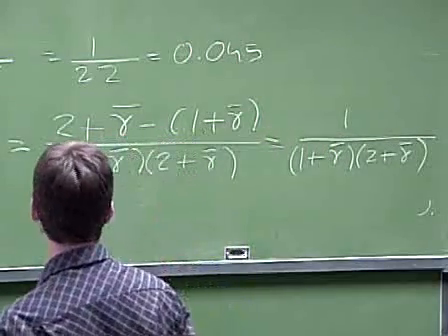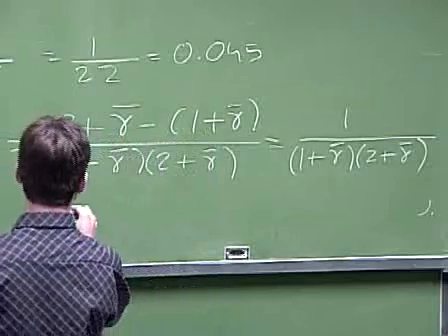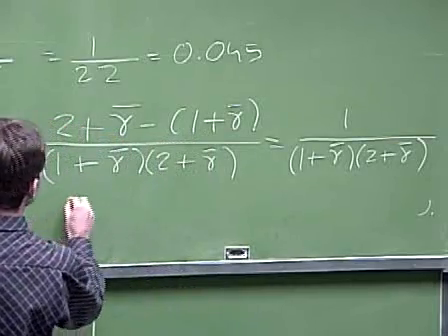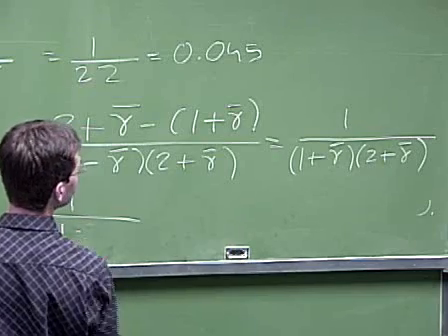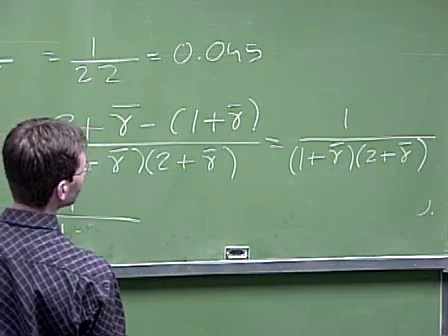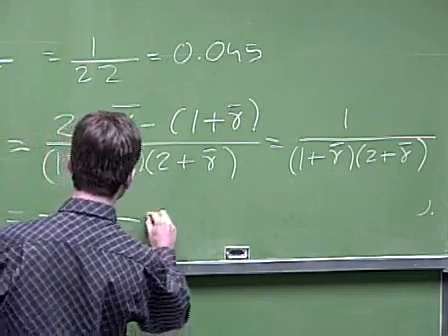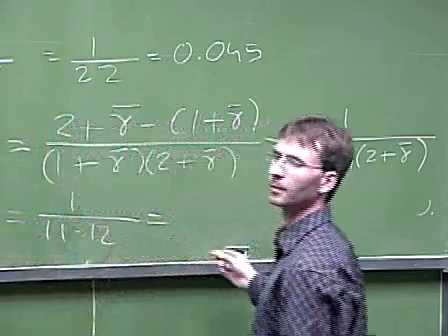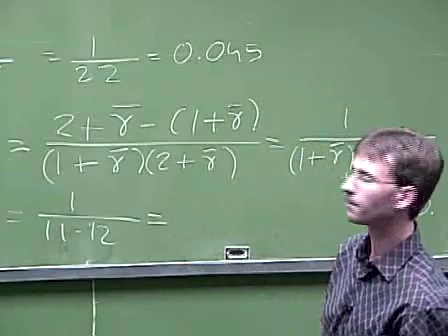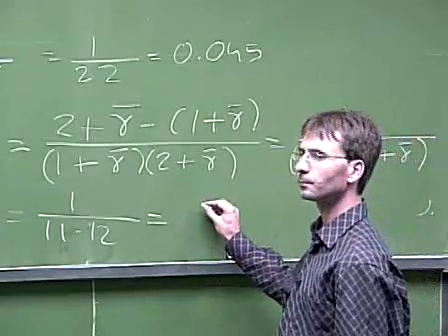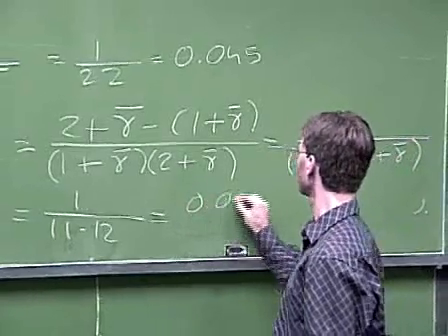That's for 1 antenna. Now for 2 antennas, we have 1 over 11 times 12. Here I need somebody to work it out for me, but it's clearly 0.006.